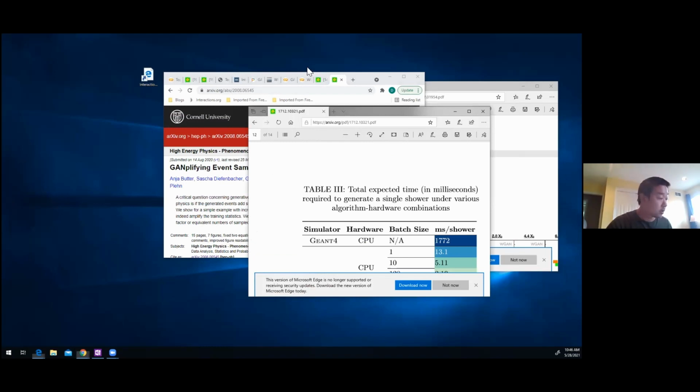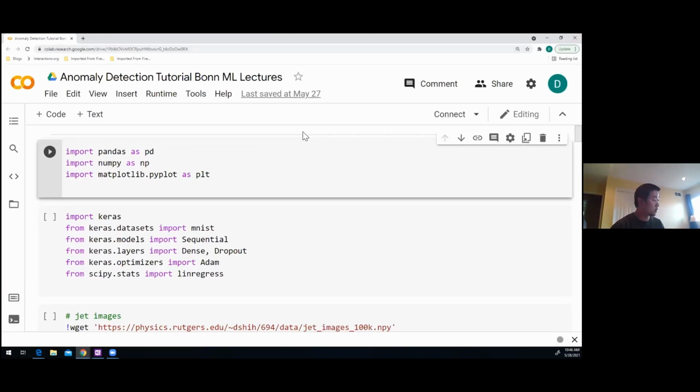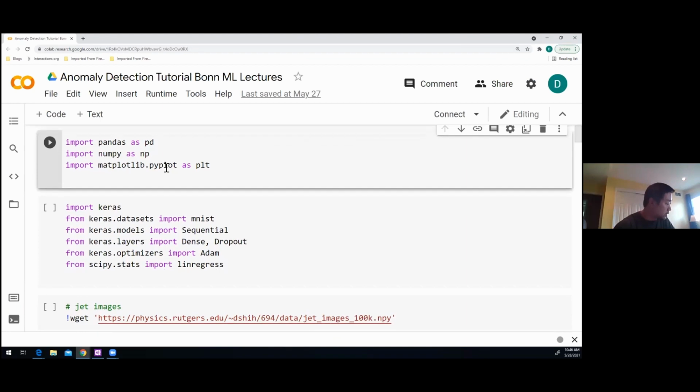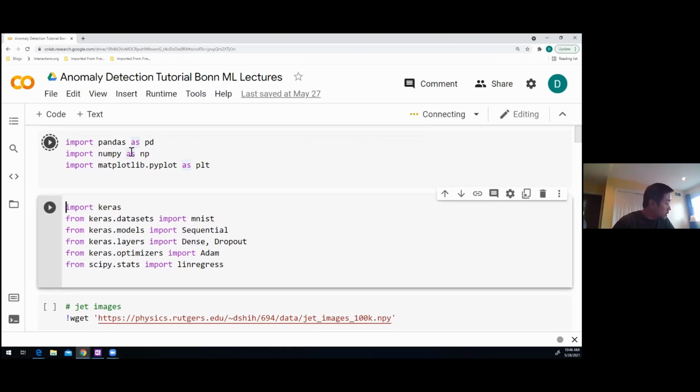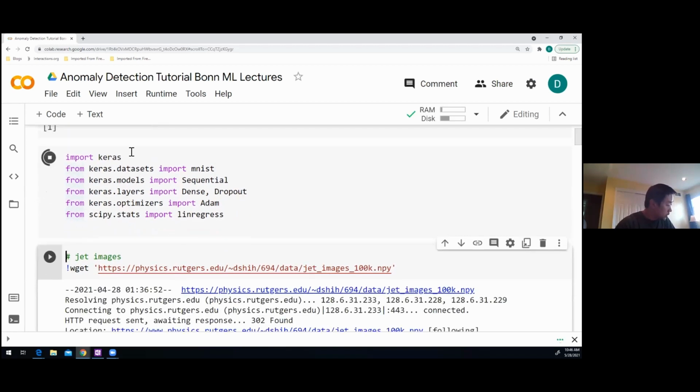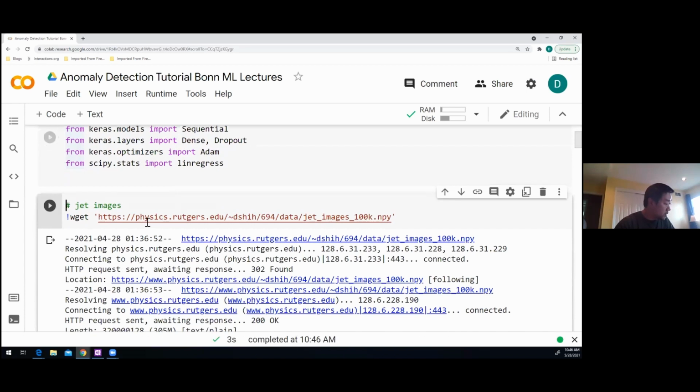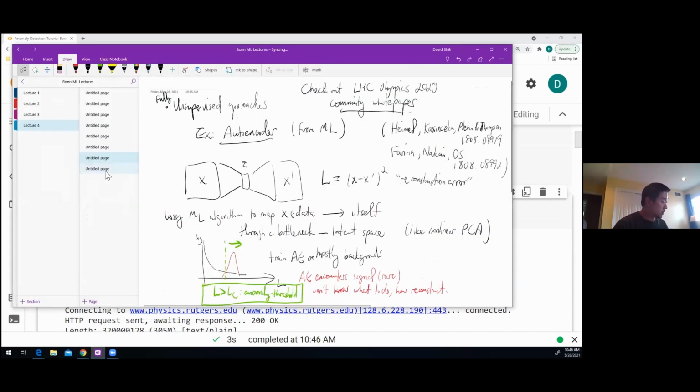Okay. So here's a tutorial for the autoencoder. And let's see, what am I going to load here? So these are the jet images of tops versus QCD. Okay, so let me just give an example.